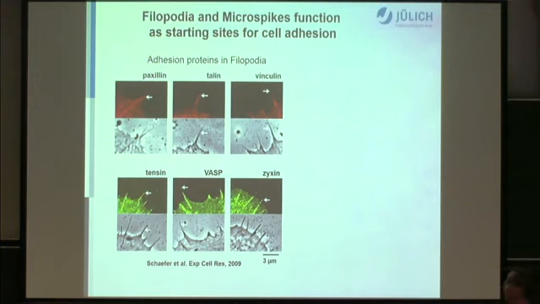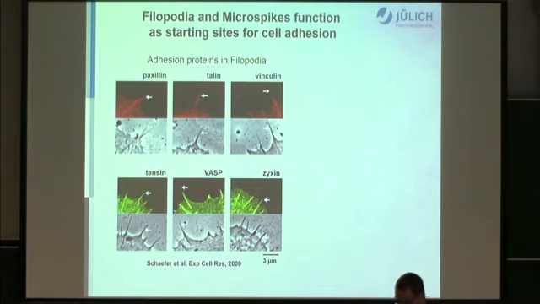So because what you have in the filopodium is the localization of all proteins you also have in the focal adhesion. So meaning that those filopodia you see here are bound to the substrate most likely by some kind of premature adhesion complex.